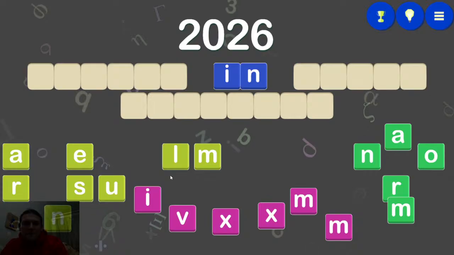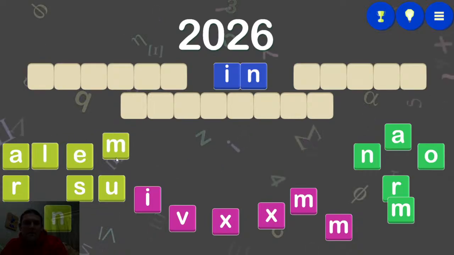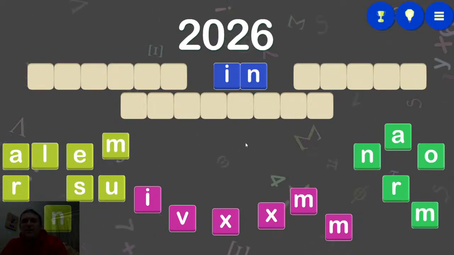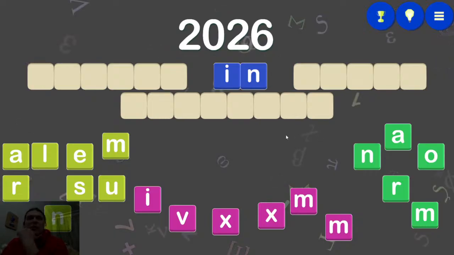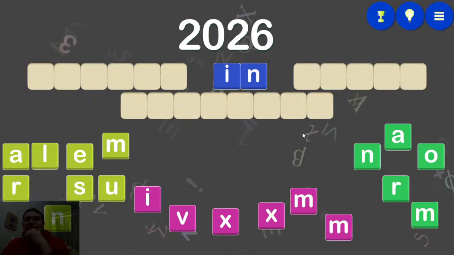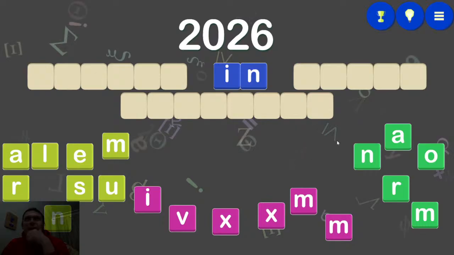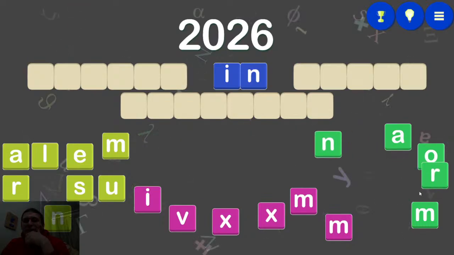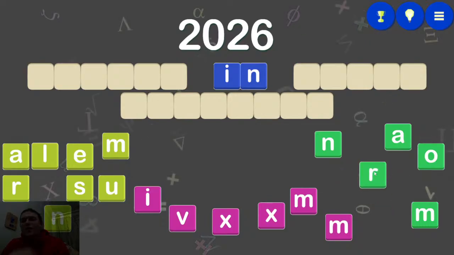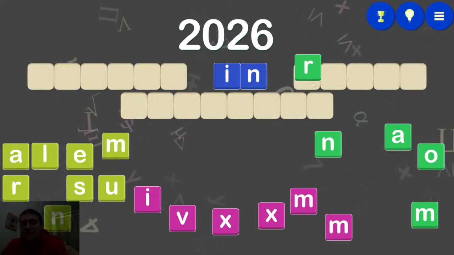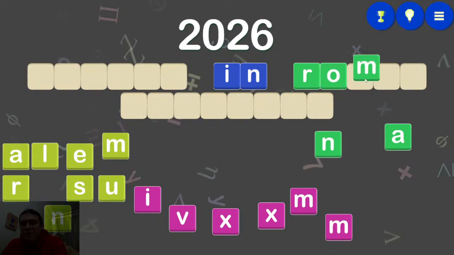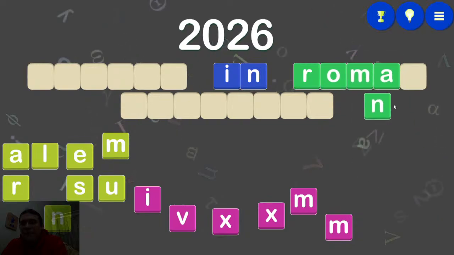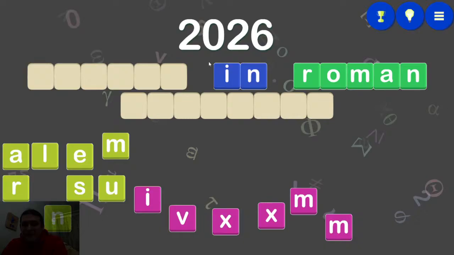And we have these words. So what goes where? Do you have any ideas? Rome, yeah. In fact, this word is Roman. And as soon as you get that this word is Roman, everything gets clear.